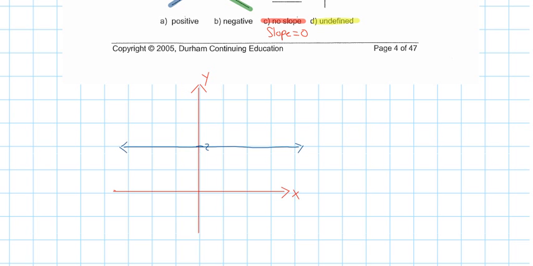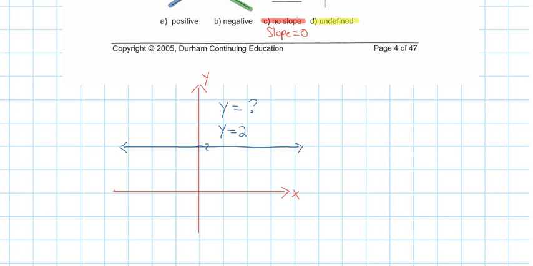Okay, so that's my horizontal line. The equation of this horizontal line is going to be y equals 2. Okay, so any horizontal line is going to have an equation of y equals whatever number that line passes through.